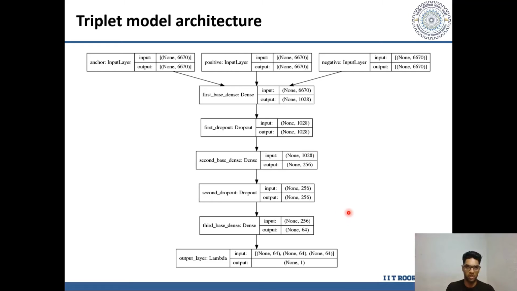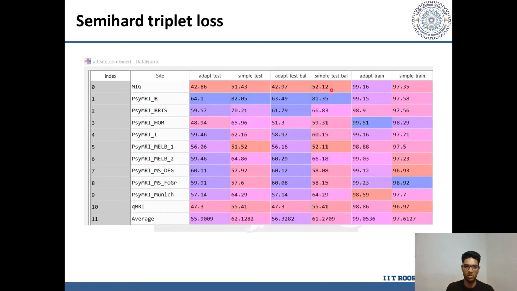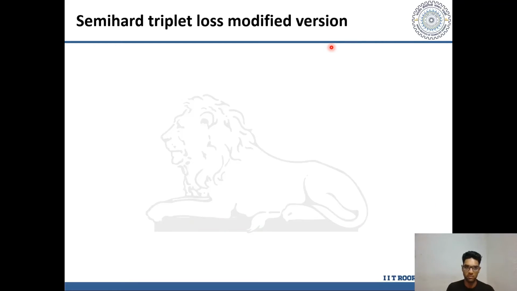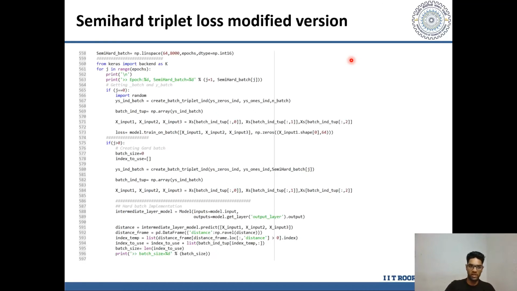This is the triplet model architecture we made, and using this we can see there is not that much improvement for the adapt test balanced accuracy, because of the imbalanced data points. So we modified this version according to our need.